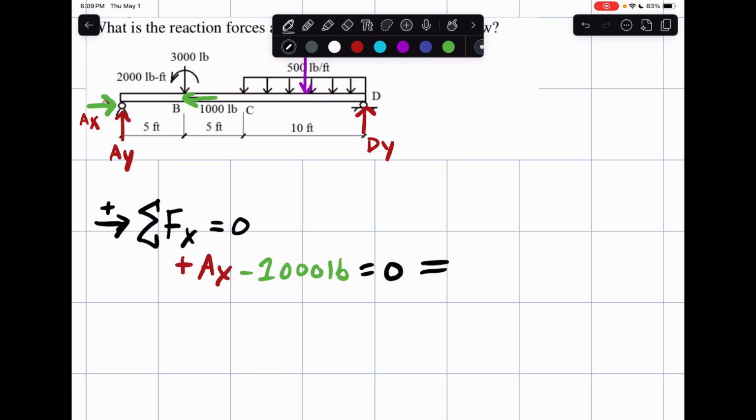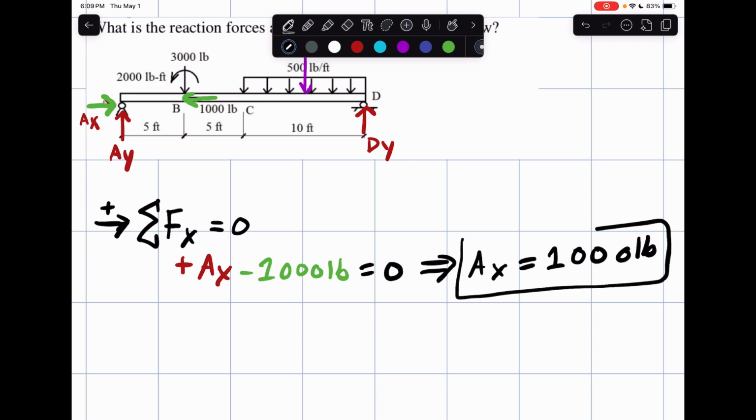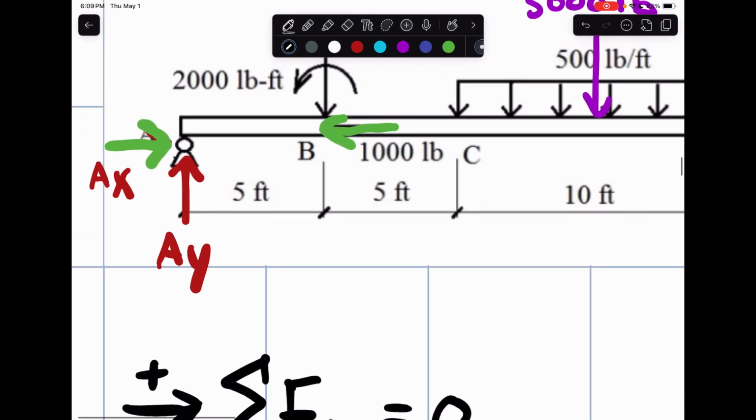From some simple algebra, moving the 1,000 to the other side, AX is equal to 1,000 pounds. So that's our first reaction force that we just solved for.